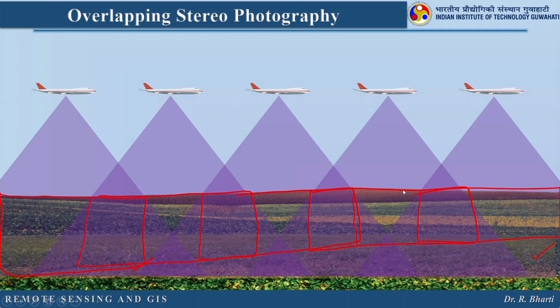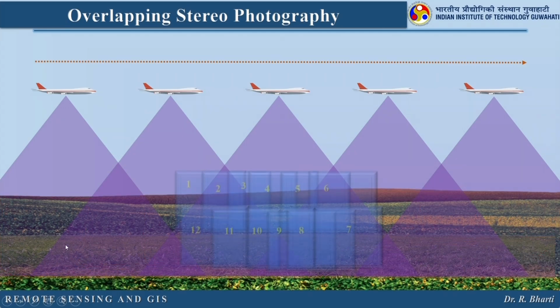So you can see there is always an overlap, right. These overlaps will help you in your study, that you will understand slowly, but basically here we are moving in this direction, right, and always we have some overlap in the next image, right.